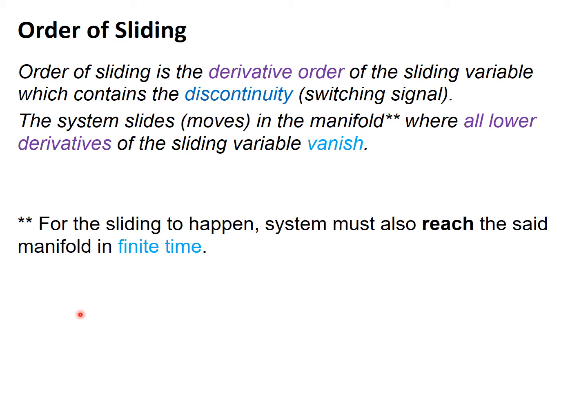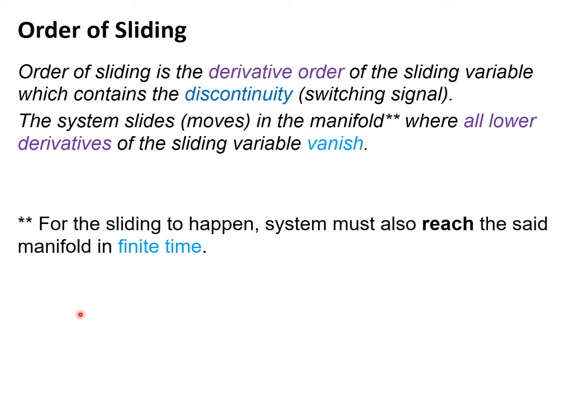Of course the discontinuity has to be present in that particular derivative order, and this discontinuity must enable the system to move in a manifold where all lower derivatives of the sliding variable vanish. What do we mean by this? Let us go ahead one by one, you will have a clearer understanding.